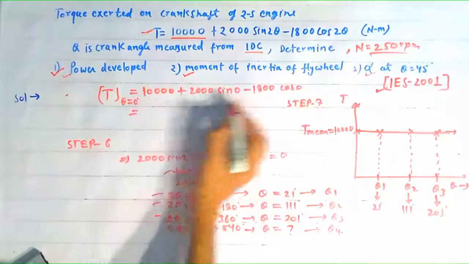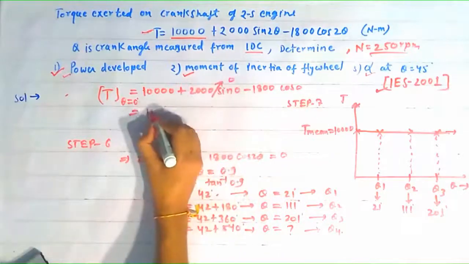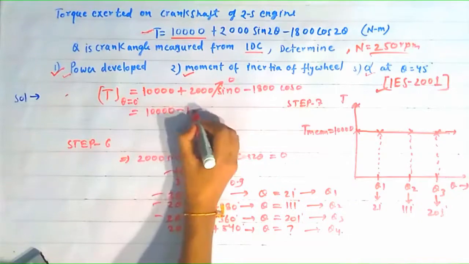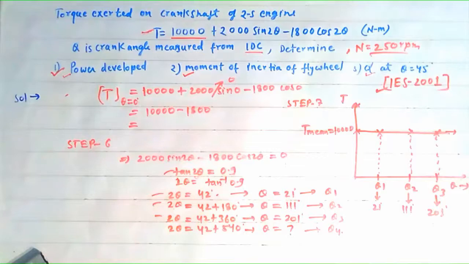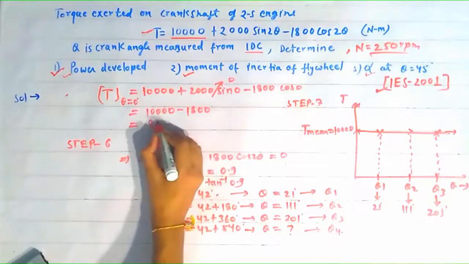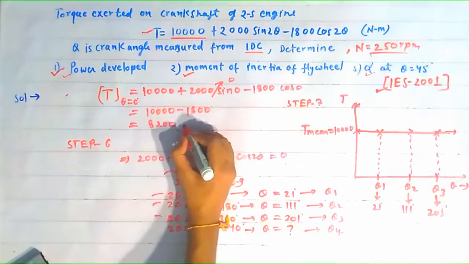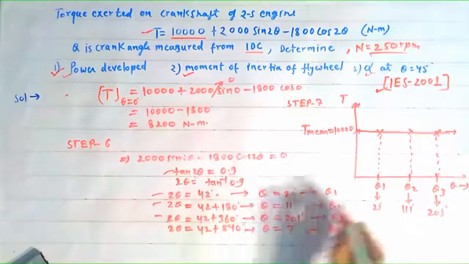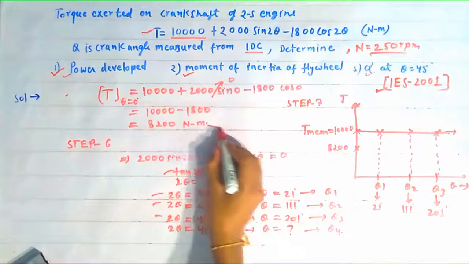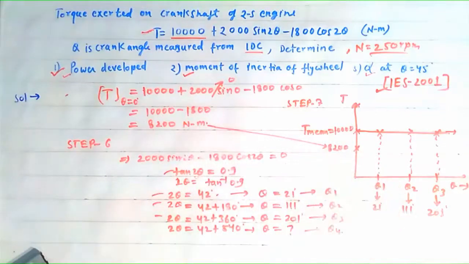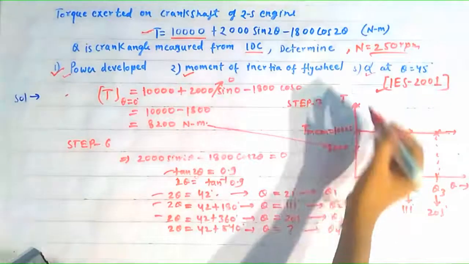Now we know that sine 0 is 0, but the cos 0 is equal to 1. So the value of this comes out to be minus 1800 Newton meter. So the 1800 will lie somewhere here on this y-axis, that is the torque axis.